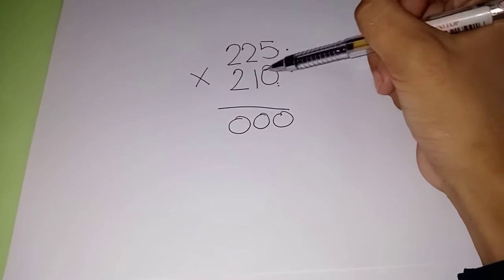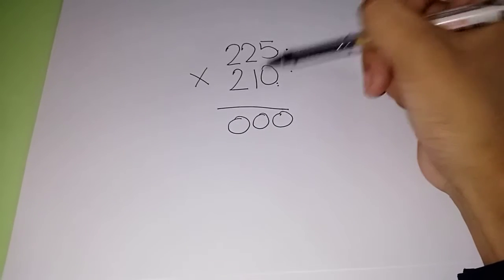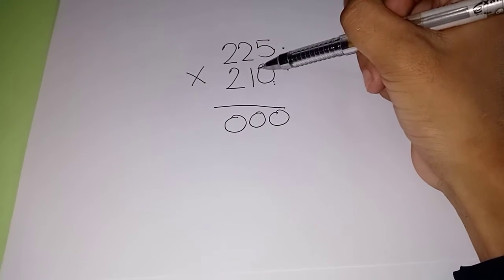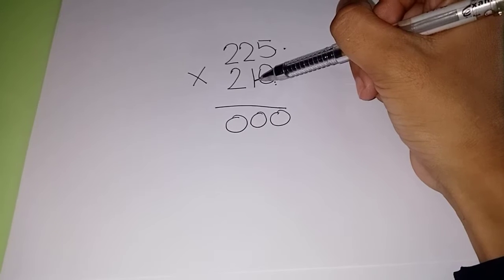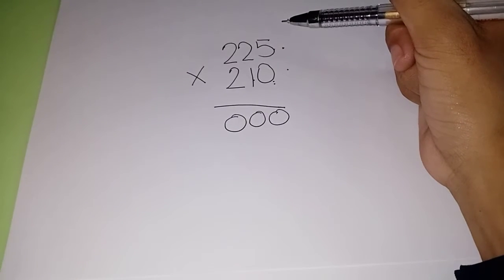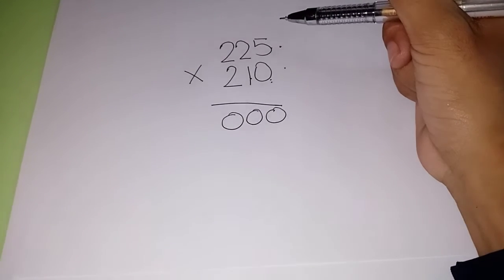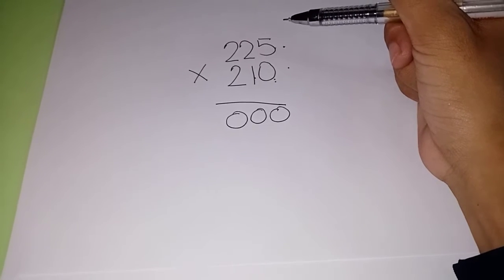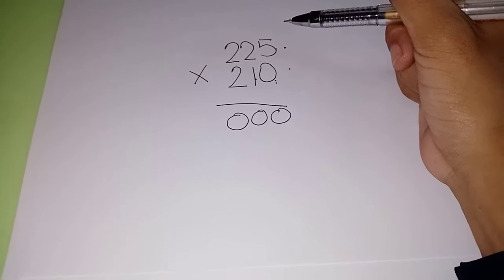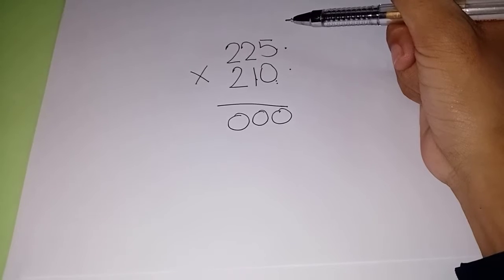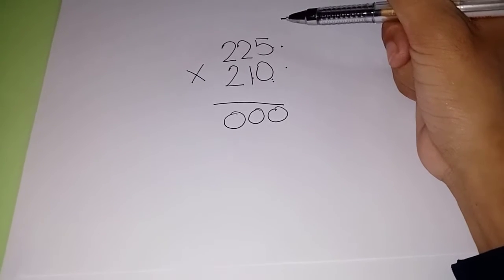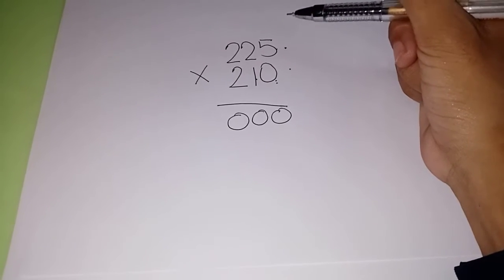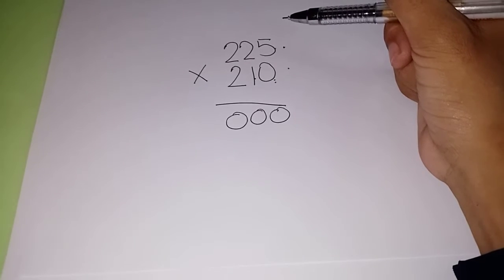Next is 2 times 1. As you can see, this is number 1. There is also a property in multiplication that is called the identity property, which means that any number that is multiplied with 1 will equal the number that is multiplied with 1.